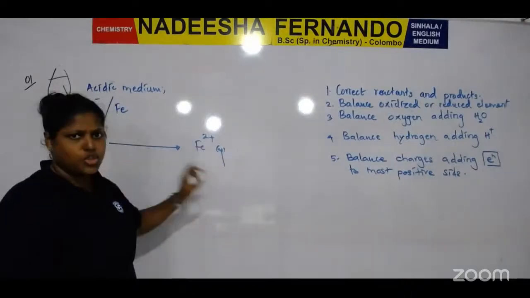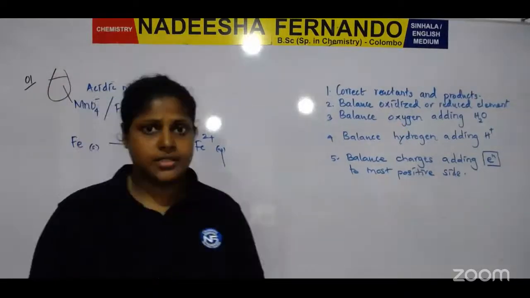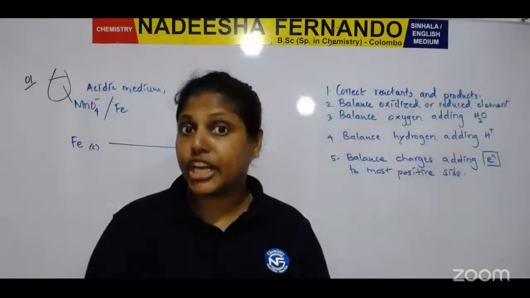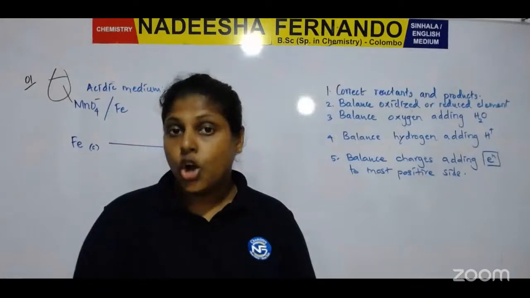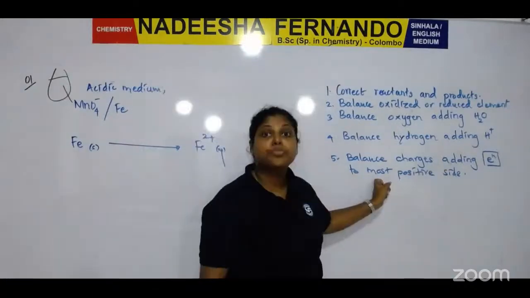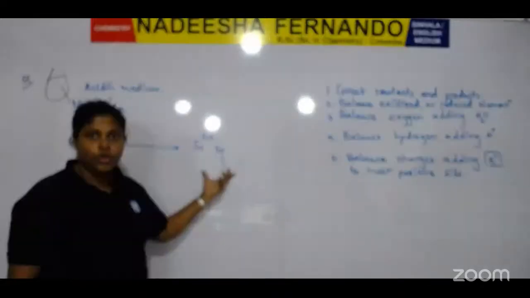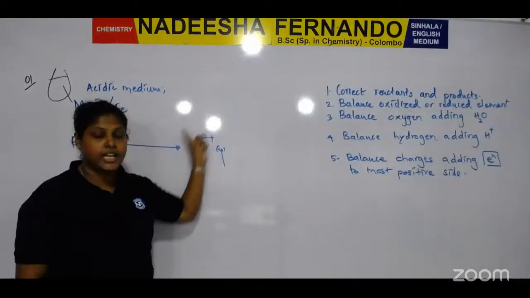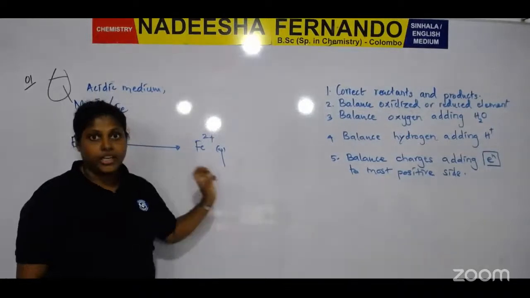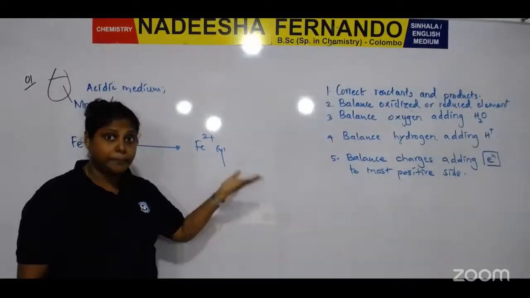So we have permission only to add electrons. Electrons are negatively charged particles. We always add electrons to the most positive side. Here 0, here +2. So the most positive side is this one. We need to add electrons to get the same charges in the reactants and the product side.